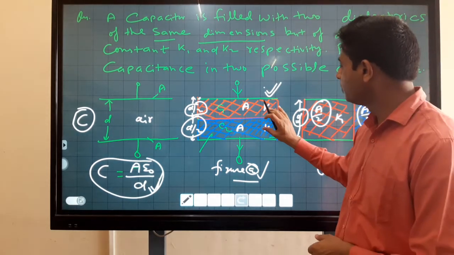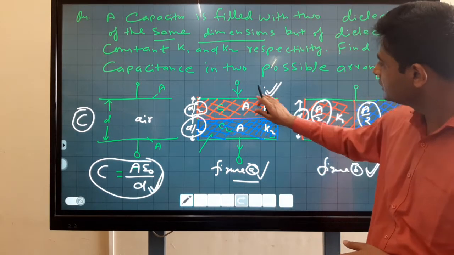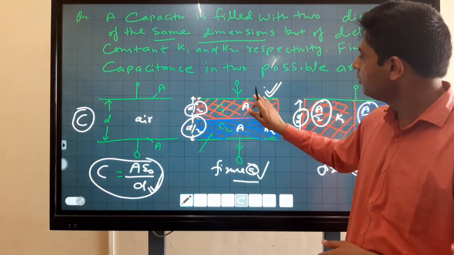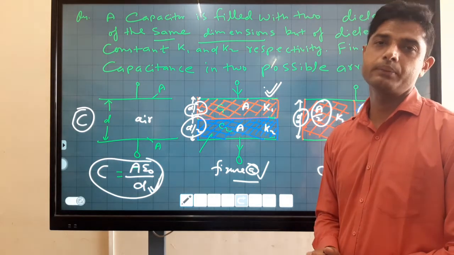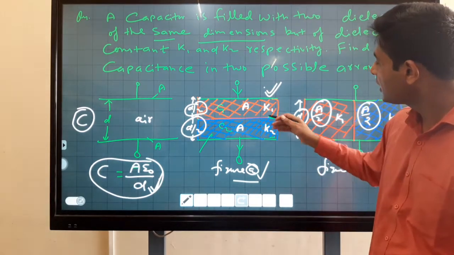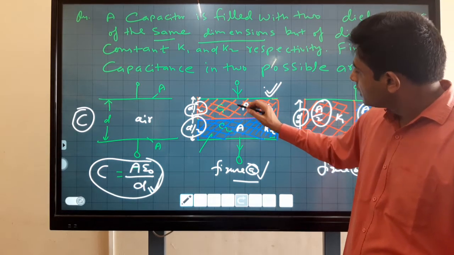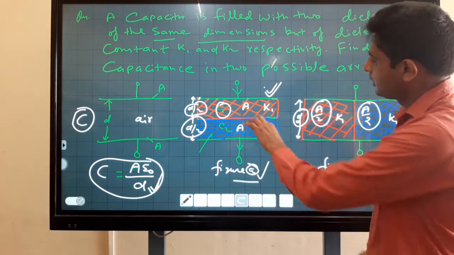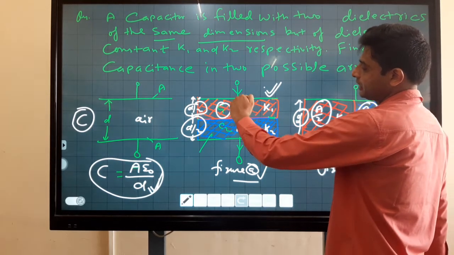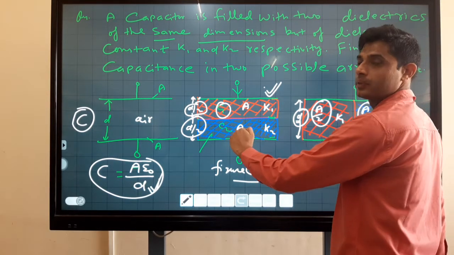As you know, we can polarize a dielectric. So this arrangement behaves like a series combination of capacitors, because the dielectric substances are connected end to end.